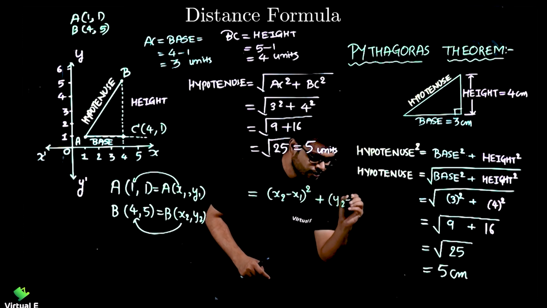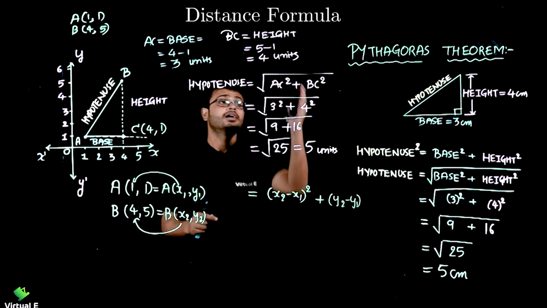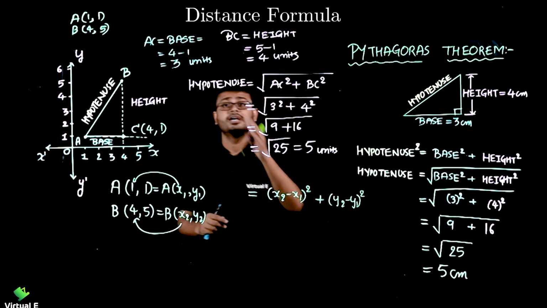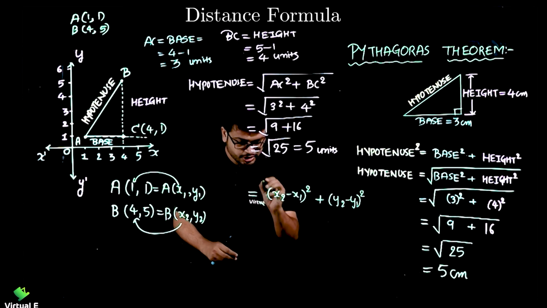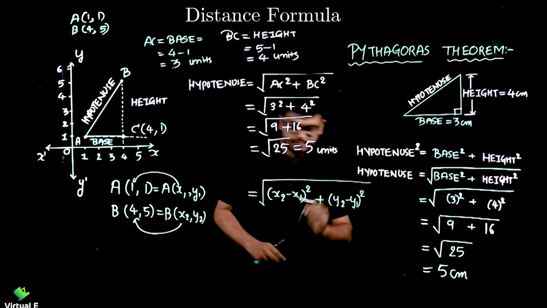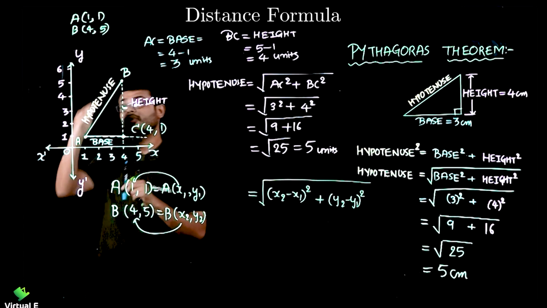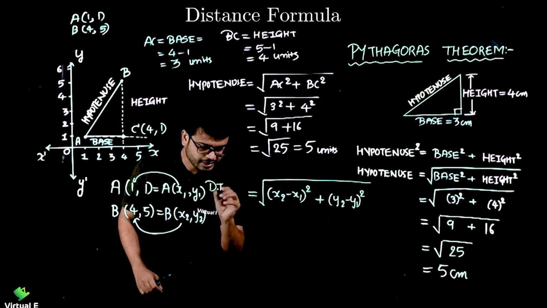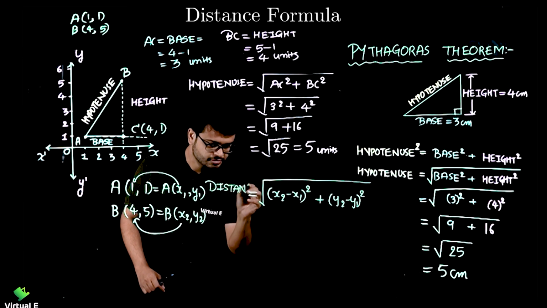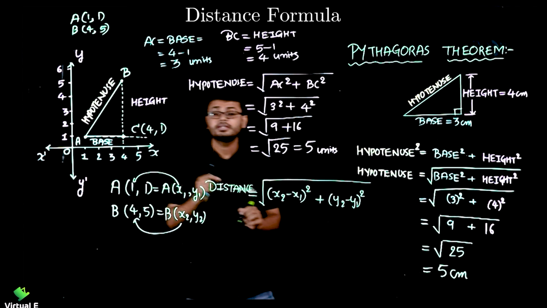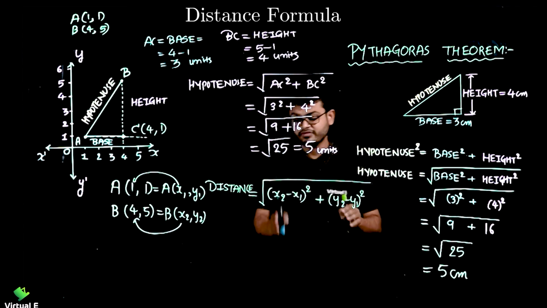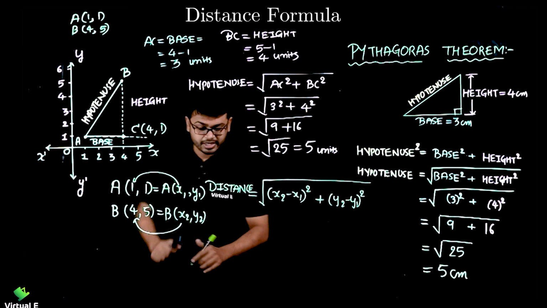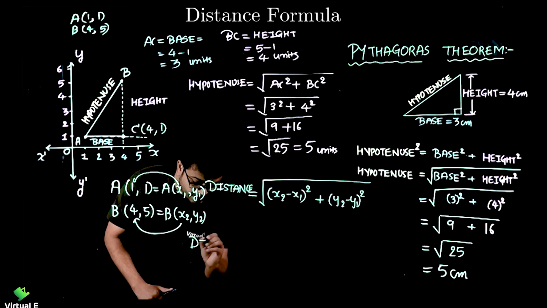So y2 minus y1, and the height is done. To find the hypotenuse, we need to take the square, and then the square root as well. And I told you that the hypotenuse is the distance between A and B. So I can write here distance. This is the formula of distance. Distance is equal to the square root of (x2 minus x1) whole square plus (y2 minus y1) whole square. If you want, you can also write it in a different way.